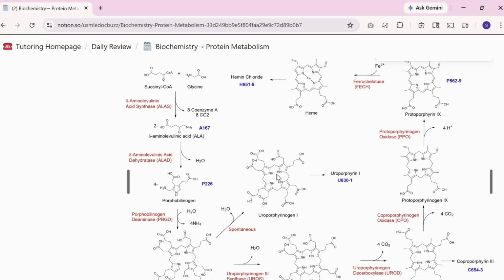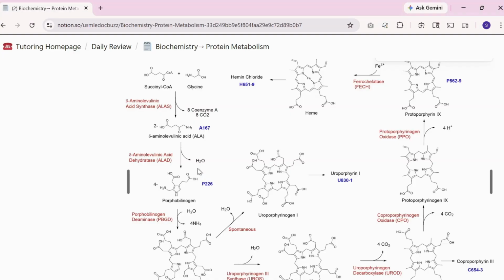But this structure right here and every subsequent structure after this goes and reacts with the UV light, gives you skin problems. I hope that makes sense. So everything after this PBD, porphobilinogen deaminase, everything after will give you skin conditions. Everything before, no. Understand that clinical point. It'll help you remember things better.